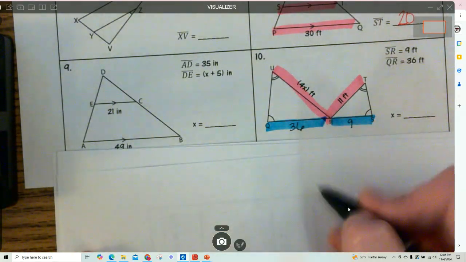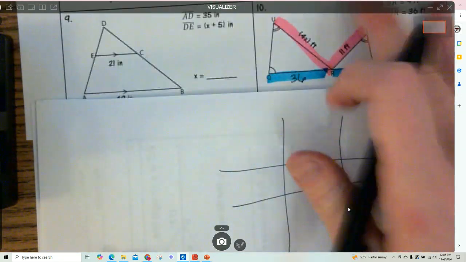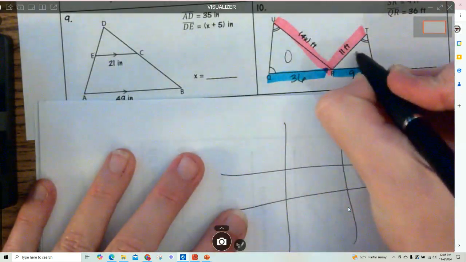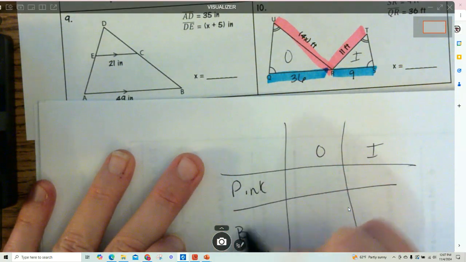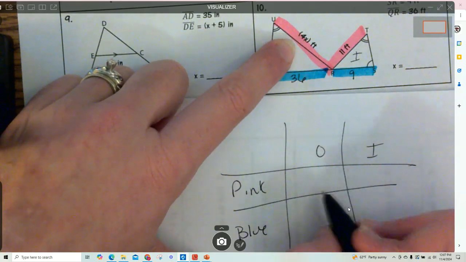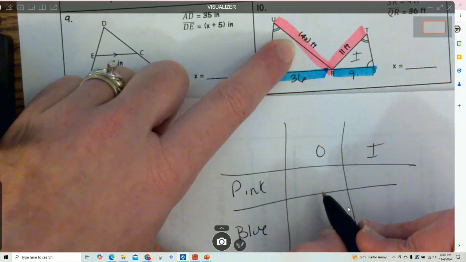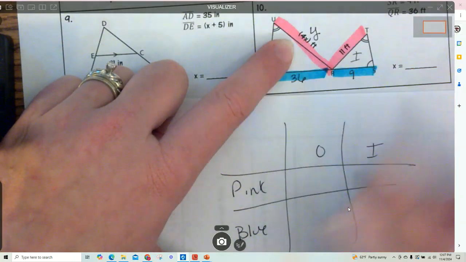we did this a little bit on Friday. Hopefully I can get all this in there. All right, original, image, pink side, blue side. All right, pink side on the original is 4x. I don't want to put a 4x in here because I can't do anything with that 4x yet. So let's change it. Let's make this side a y.